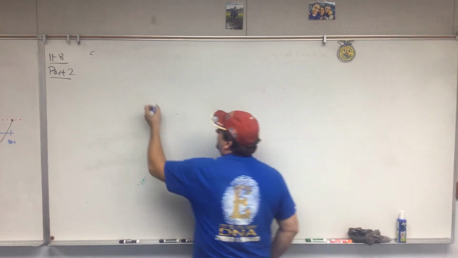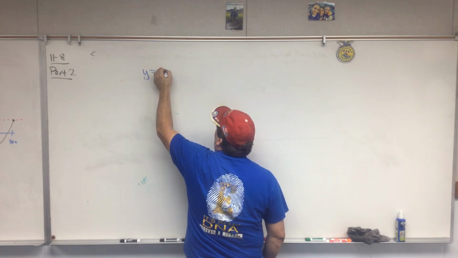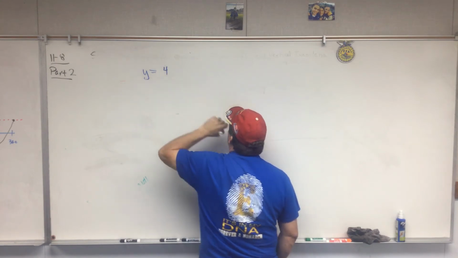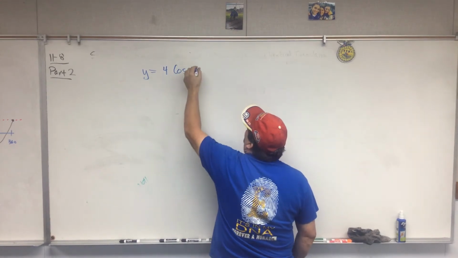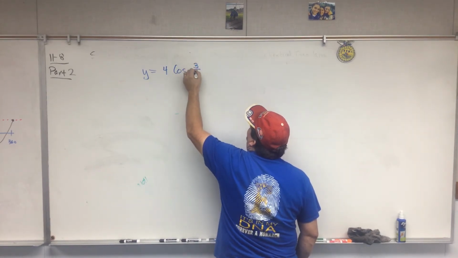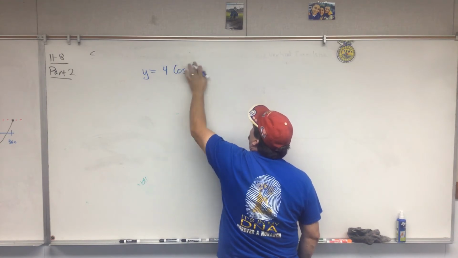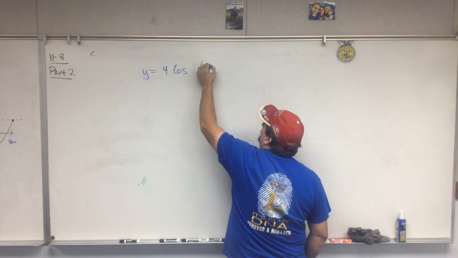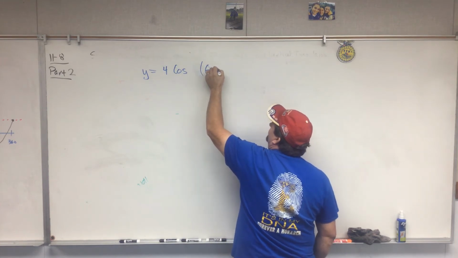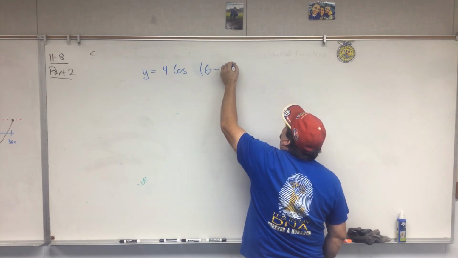Let's graph y equals 4 cosine 3/4. No, I don't like that one. Let me think about this. Theta minus 2 pi over... You know what?